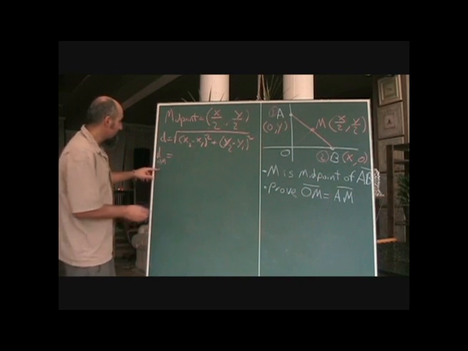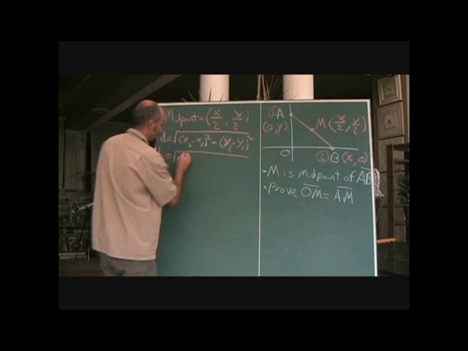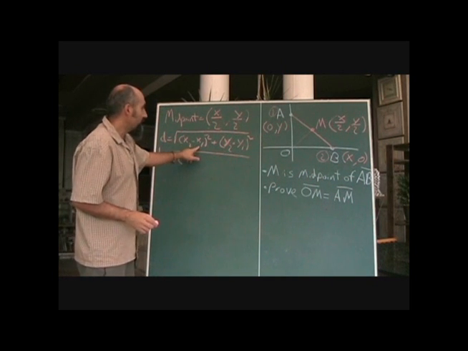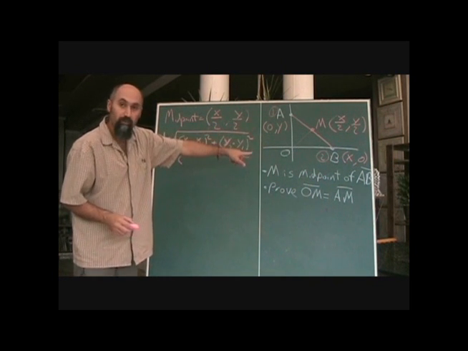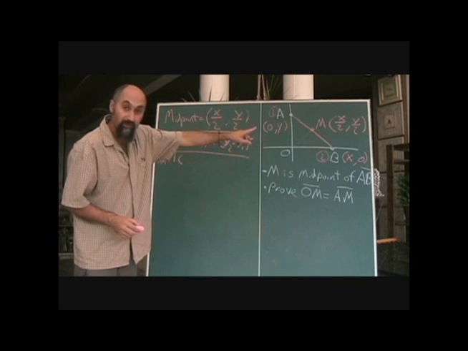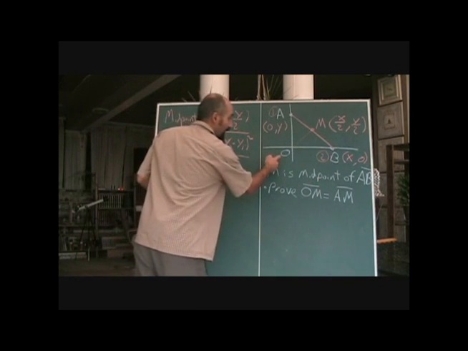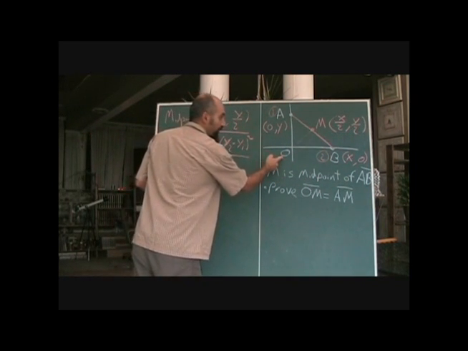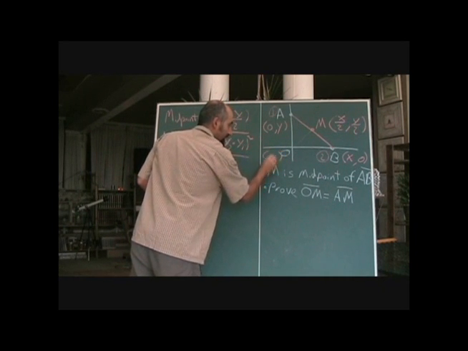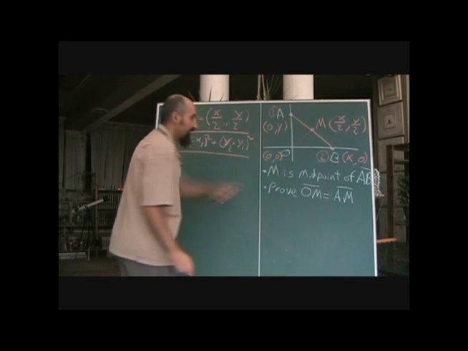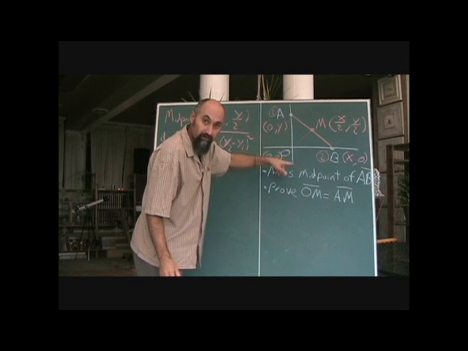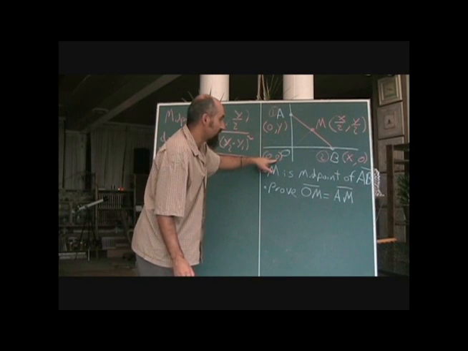Now we haven't decided which of these are x1 and which are x2. One other thing we have to remember is that the coordinates of the origin are always 0, 0. That's the crosshairs where the x-axis crosses the y-axis, so that's 0, 0.